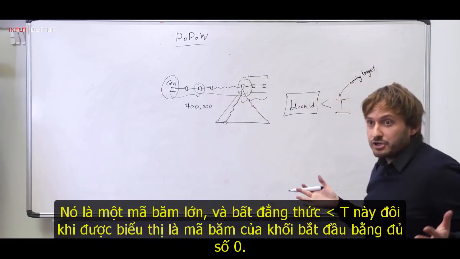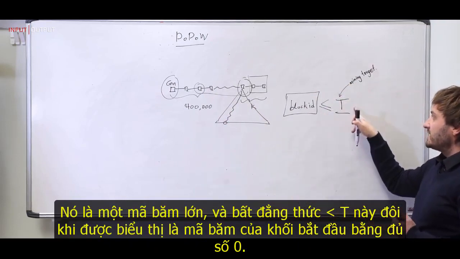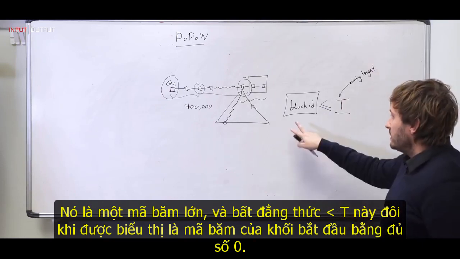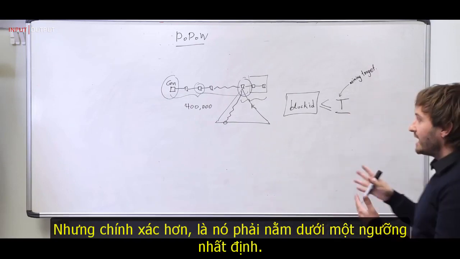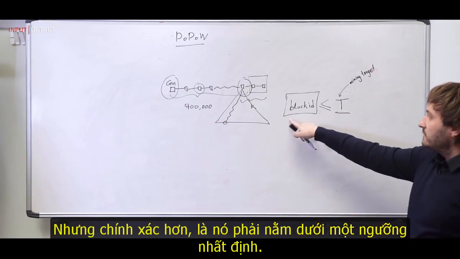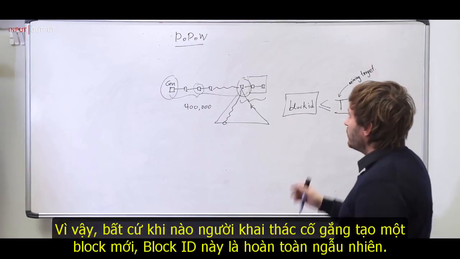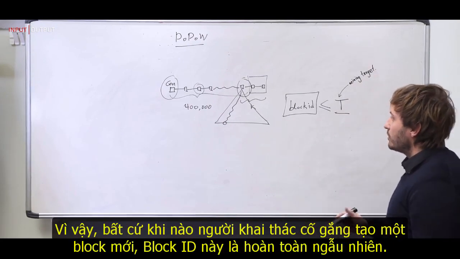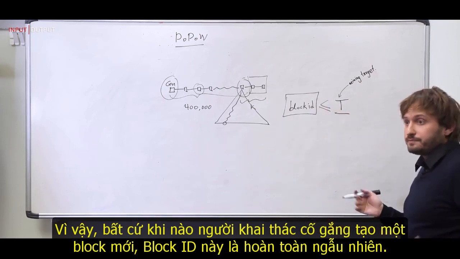It's a big hash, and this inequality of being less than T, sometimes we express it as the hash of the block beginning with enough zeros. But more precisely, what we're saying is that it's below a certain threshold. So whenever a miner tries to create a new block, this block ID is just completely random.